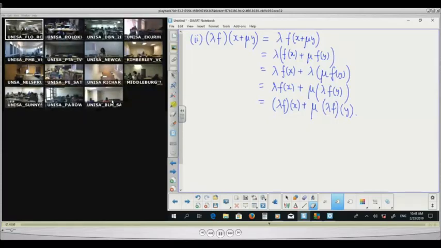So they are linear transformations. So f plus g and lambda f are linear transformations. So we have shown that this is a vector space.